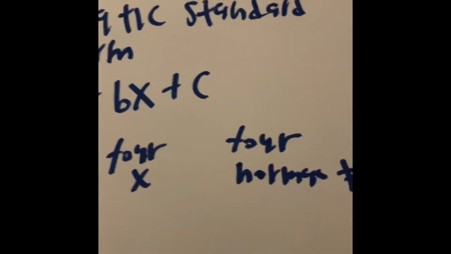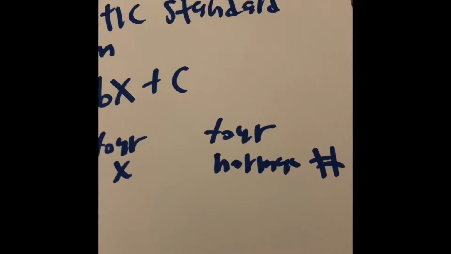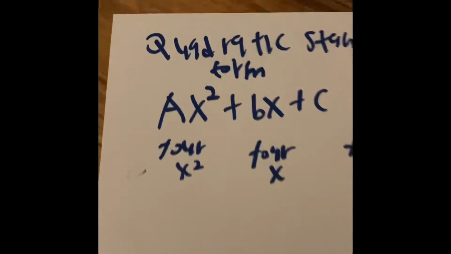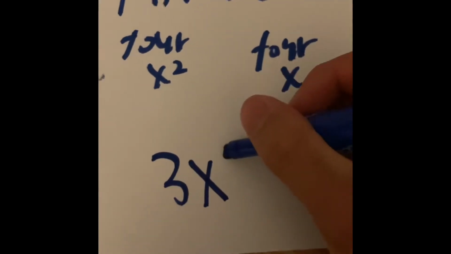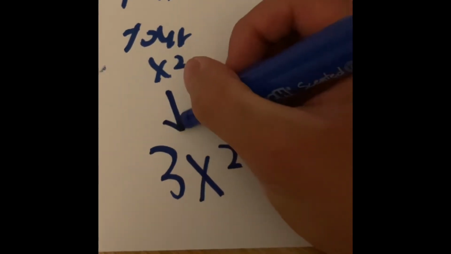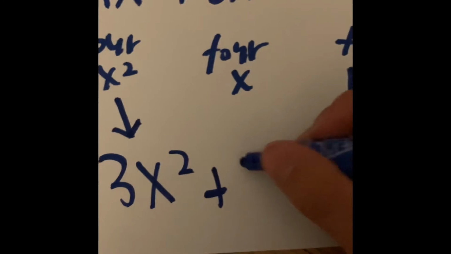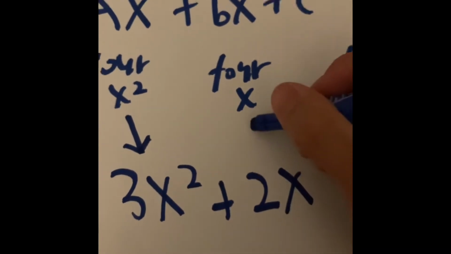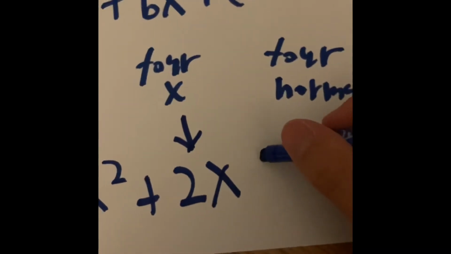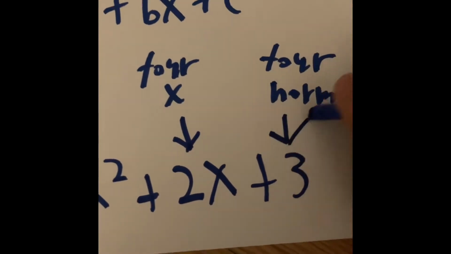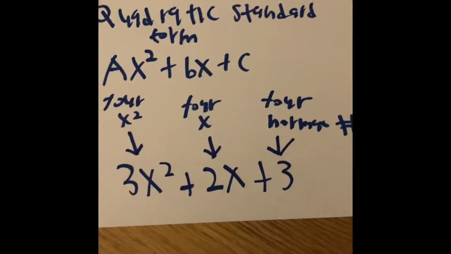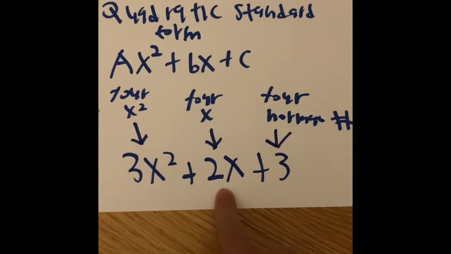Your c is just your normal number. Here's an example. We can write the equation 3x squared, that goes in the first part, plus 2x, that is the second part, and 3, which is the third part. That is quadratic standard form.